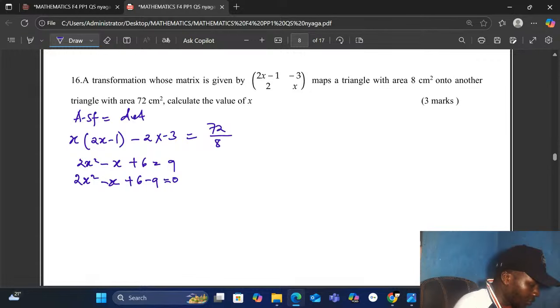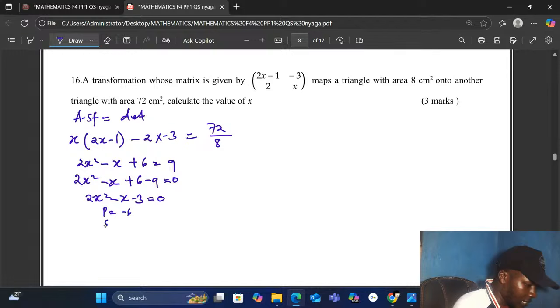So we have our equation, but we can still finish with 6 minus 9, so that we have 2x squared minus x minus 3 is equal to 0. So we can have the product to be equal to negative 6.